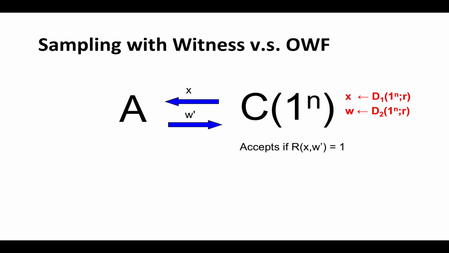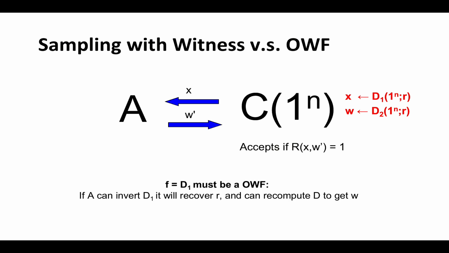Let D1 be the first output of D, and let D2 be the second output, the witness. In that case, I claim that D1 actually is a one-way function. Because if it wasn't, if given X you could recover the randomness R, then clearly you can go back to R and recompute W, and then you're done.